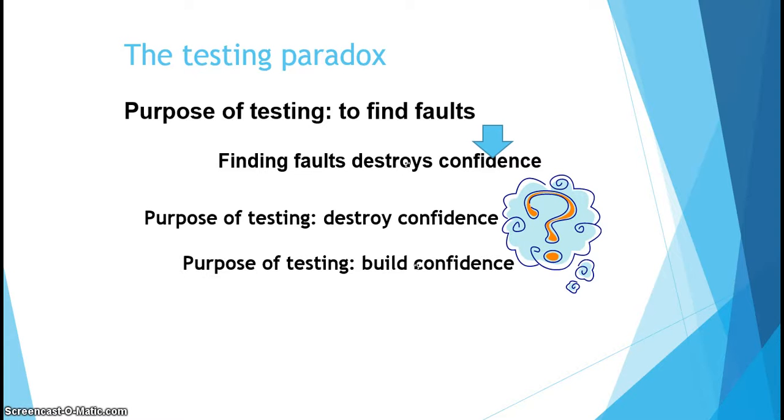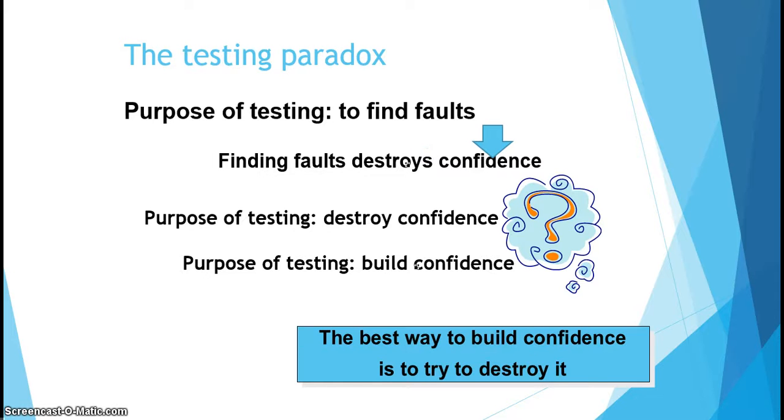What should your purpose be, which will ensure that you get a better reliability of the end product? The best way to build confidence is to destroy it. So you find the most amount of defects and ensure that you don't get any defects when the user is actually using it. So you ensure better reliability and better confidence on the system.